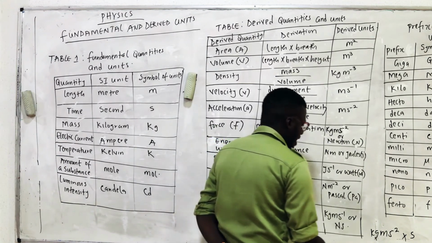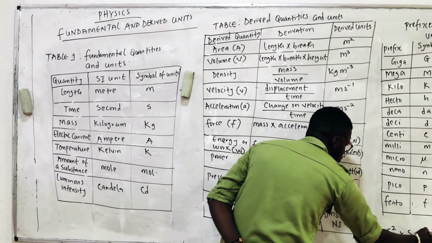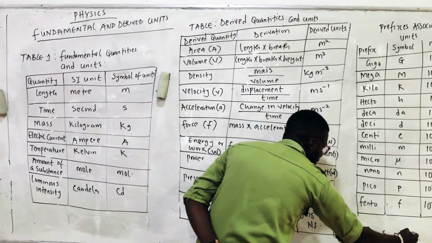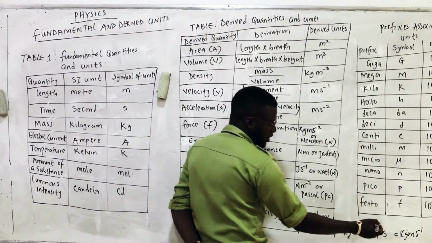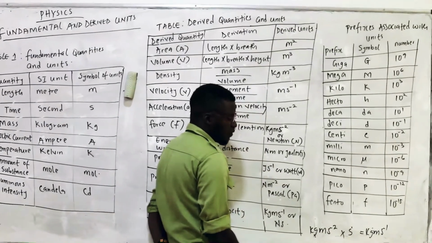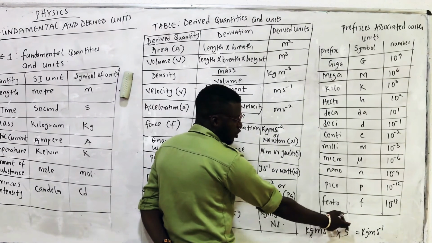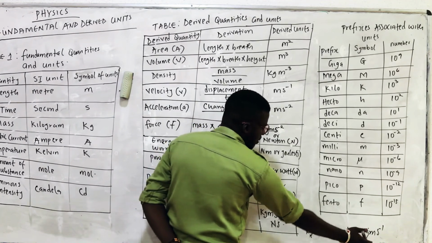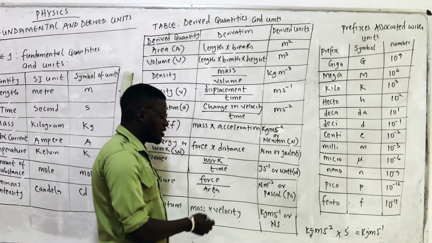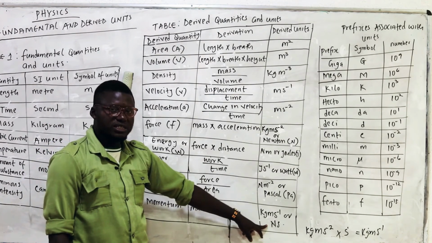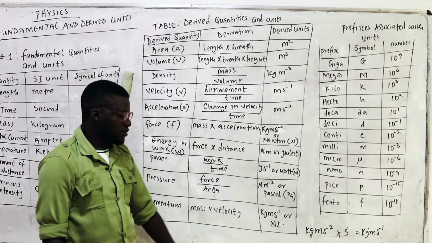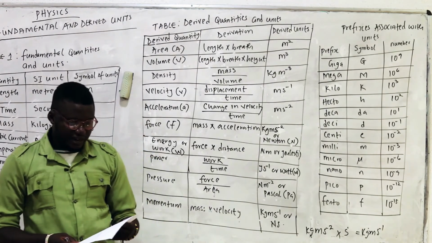If I multiply it, I end up with kilogram meter per second, same as this. Because according to the law of indices, this s here is raised to the power of 1, so minus 2 plus 1 gives minus 1, the same thing as this. So you can denote it using kilogram meter per second, or Newton second. So that's all concerning derived units.